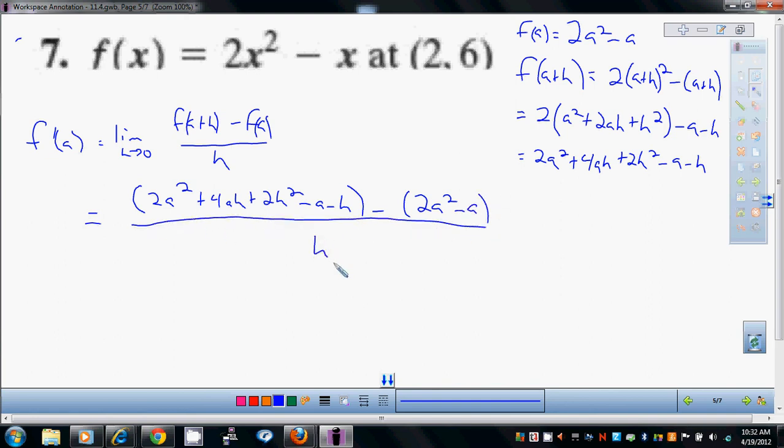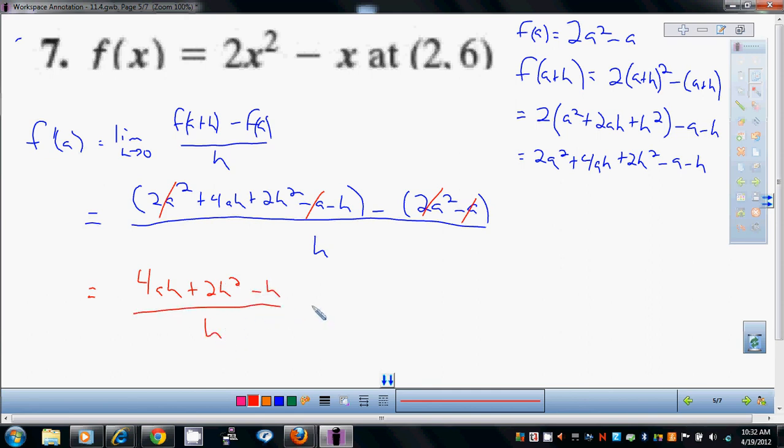Again, if you do it correctly, everything on the right should cancel. 2a squared minus 2a squared. Negative a minus a negative a, so it's negative a plus a. Also, if you do it correctly, everything you should be left with should have an h in it: 4ah plus 2h squared minus h, over h.